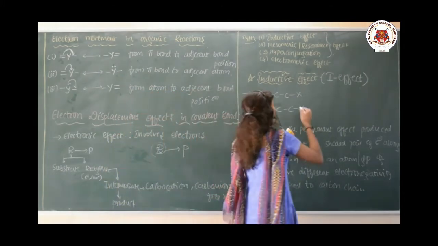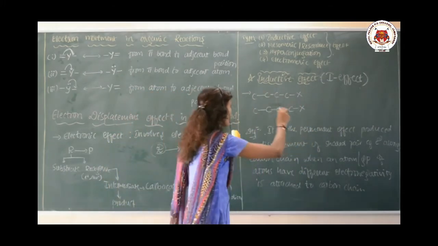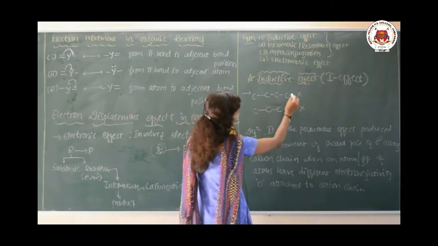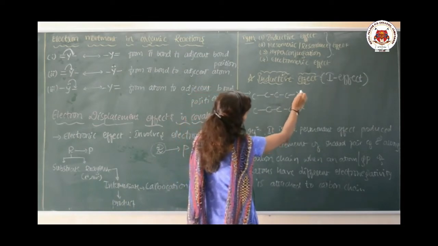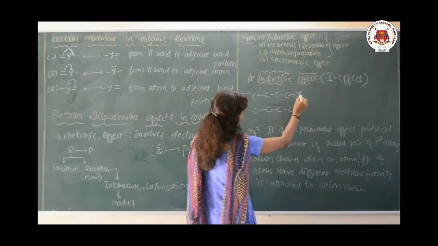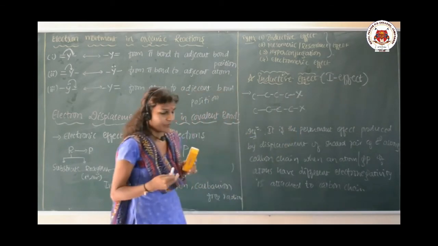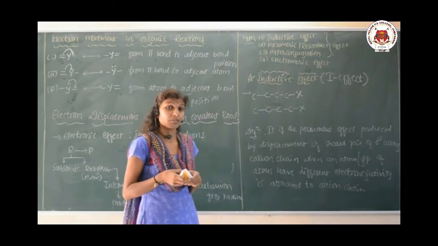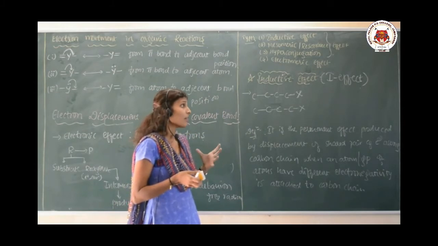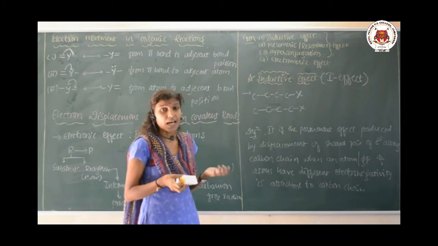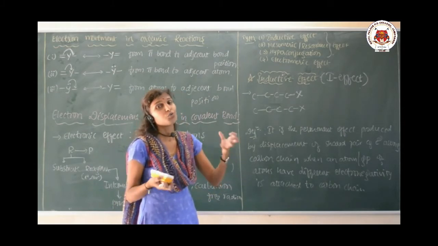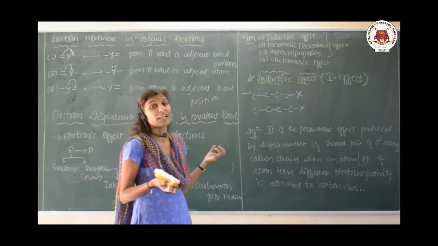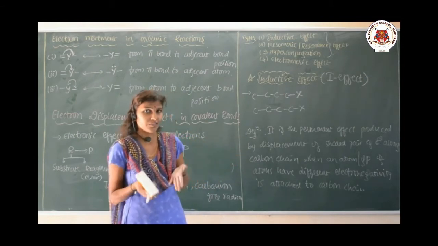See here, suppose this is the carbon chain, and this is attached to an atom. This atom is electronegative. Electronegativity means the atom X has the capacity to drag the shared pair of electrons towards itself.